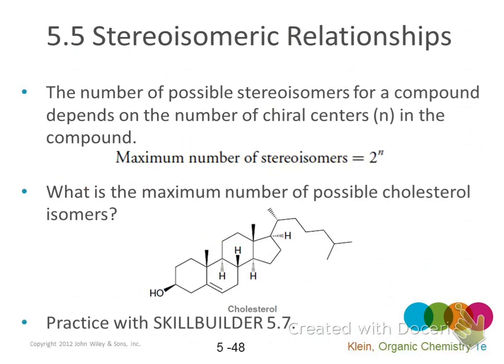So, there's 2 to the n we talked about. Here's cholesterol. Now, I'll just tell you, I think there's only one of these found in your body, but I'm not sure of that. Based on 2 to the n, how many stereoisomers could you make of cholesterol?